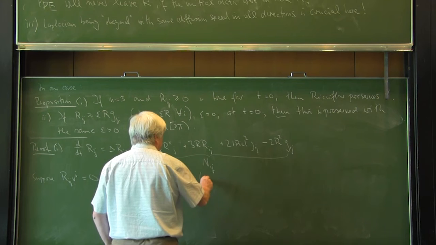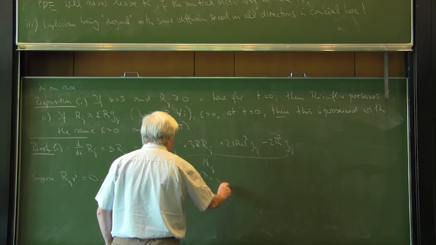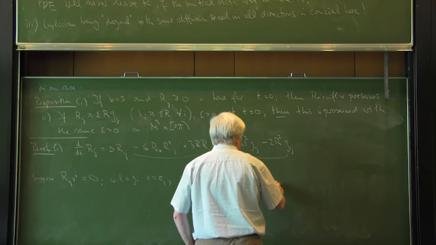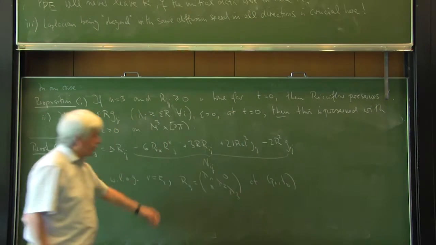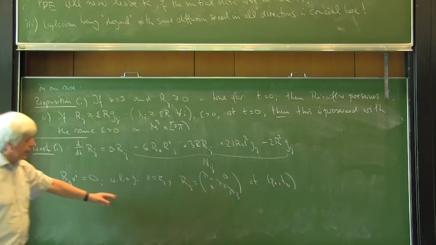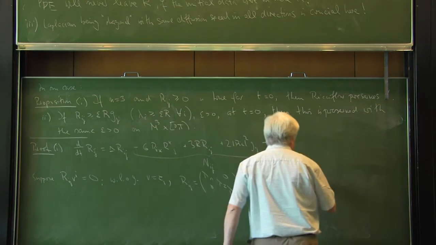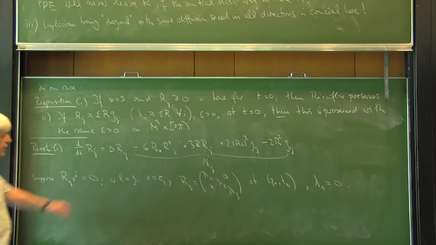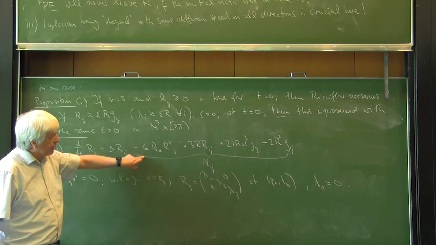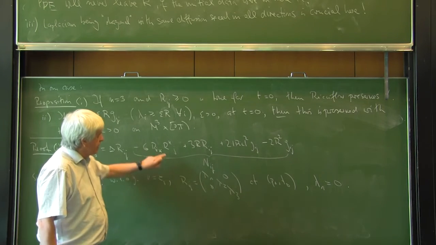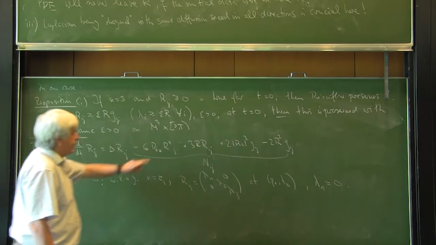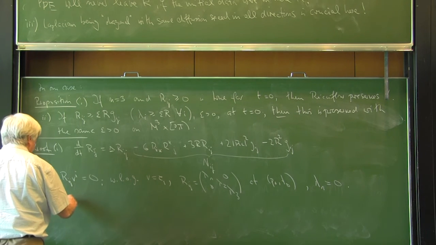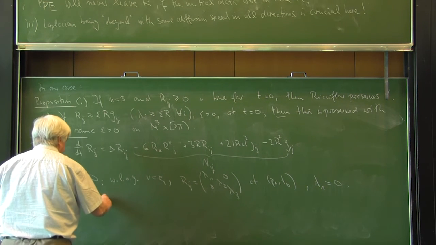So we can assume that at this one point, at t0, we can always achieve this by choosing our coordinate system. And then we would have, of course, lambda 1 equal to 0. And then we just have to check now that this tensor is diagonal, so Nij is then diagonal also.